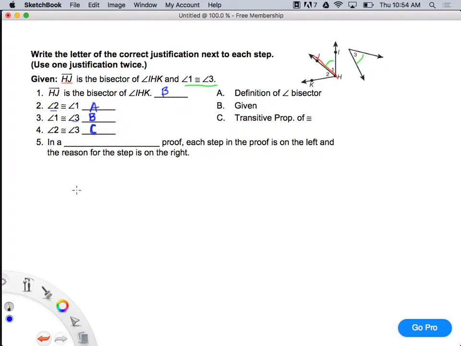Okay? In a two-column proof, each step is on the left and the reason for the step is on the right. You guys understand that?